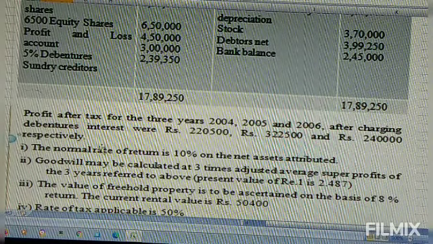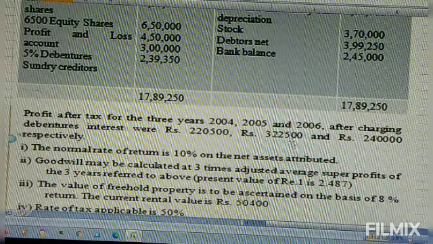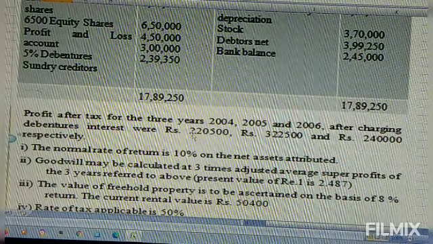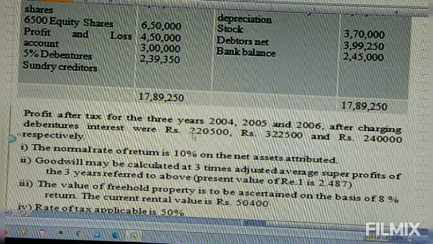It means 2004 is 2,20,500, 2005 is 3,22,500, 2006 is 2,40,000. These are the profits earned after paying interest on the debenture as well as the tax.